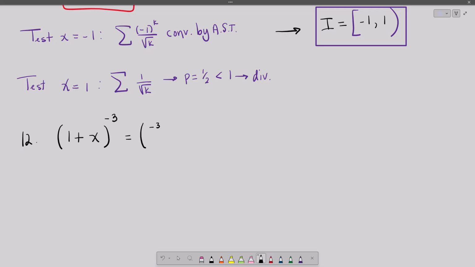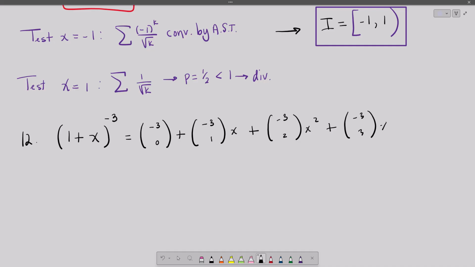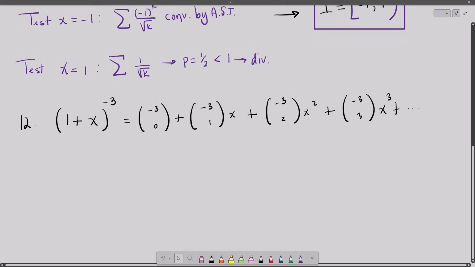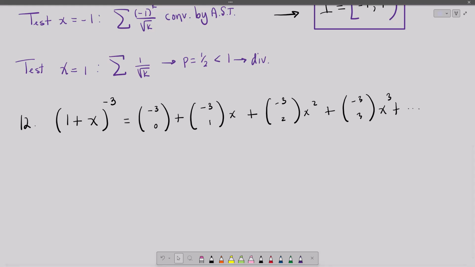So our binomial expansion looks just like a geometric series, except that our coefficients are not standard coefficients, they're binomial coefficients. And let's go with 4 non-zero terms. But this is a series, so we should have the plus dot dot dot. So there is the binomial series expansion. The interval of convergence will be from -1 to 1, and then based on this, we'll either include or exclude the endpoints. That will be given to you. You don't have to memorize that.